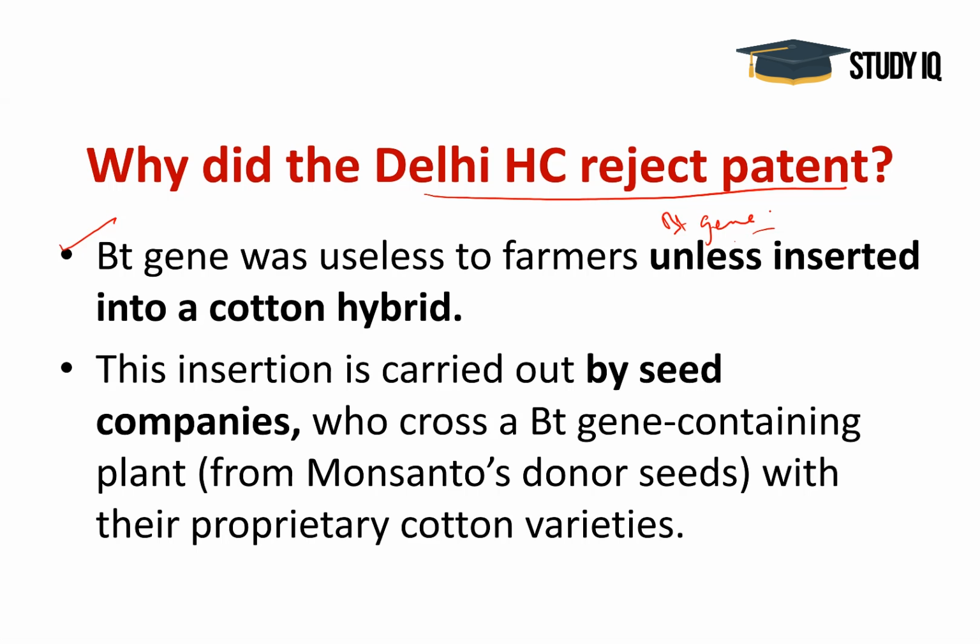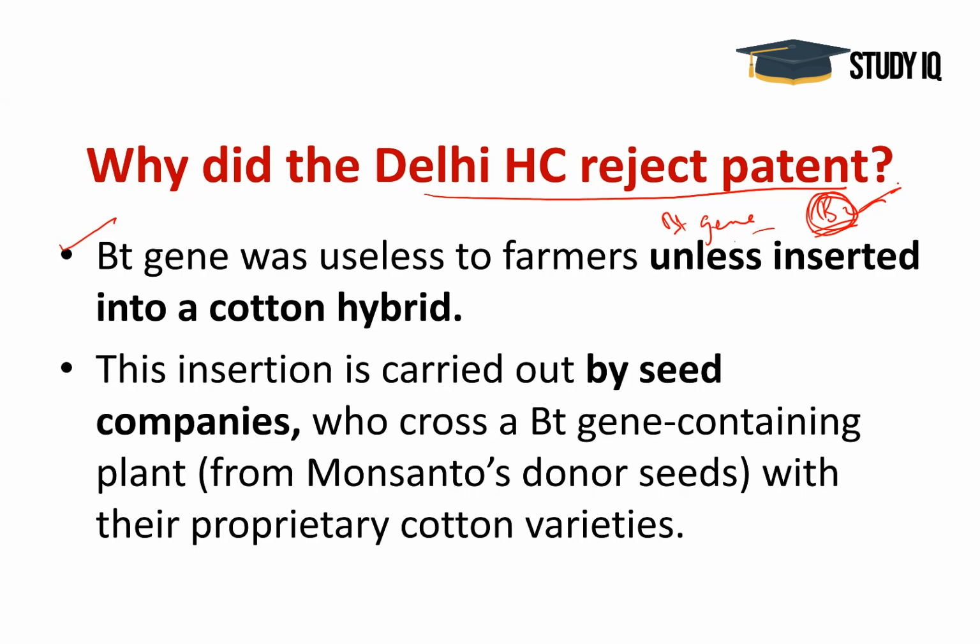Monsanto identified this particular gene in Bacillus, which is useful, which is the main thing here. But whether you identify any gene, until you implement the technology somewhere, it is totally useless. That is what the court said. So until you insert this particular gene into a cotton hybrid, it has no use to farmers, right?